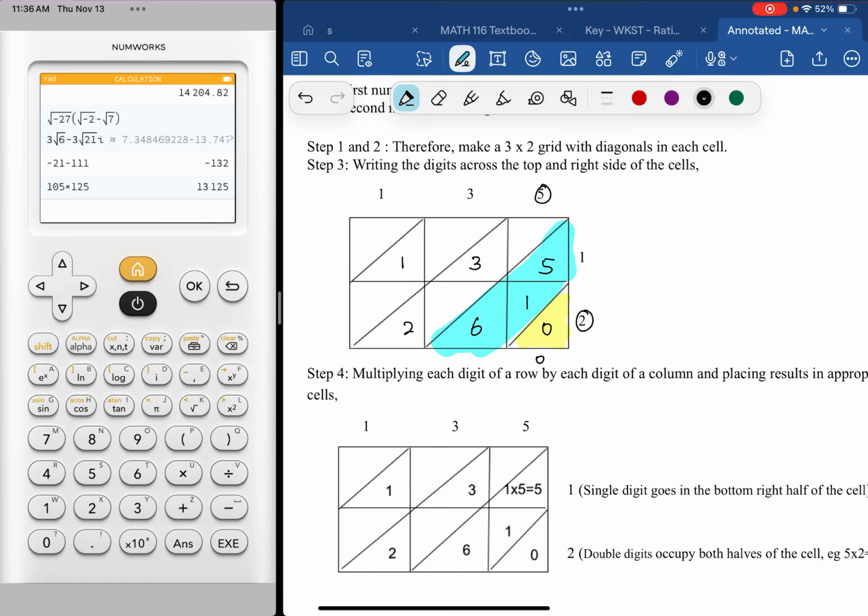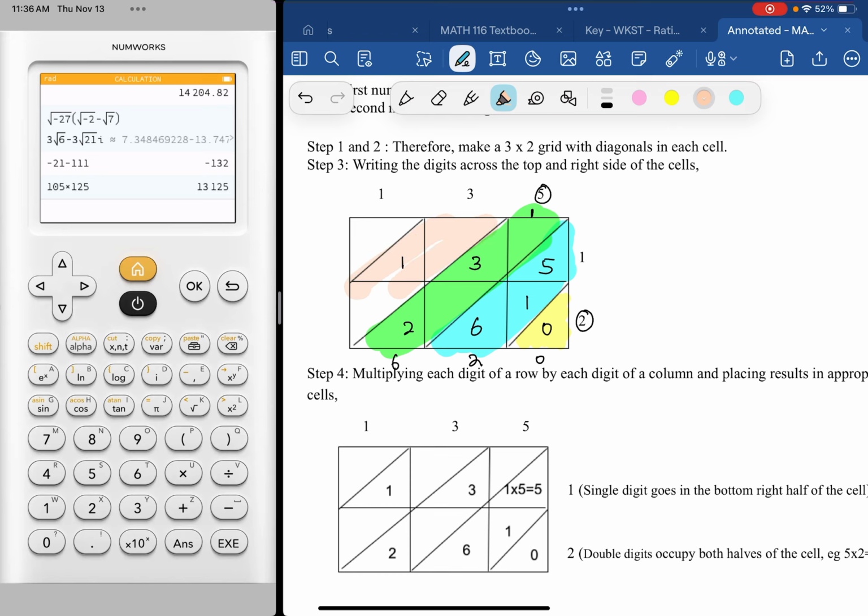So 6 plus 1 is 7, plus 5 is 12. So I'd put a 2 there and a 1 here, showing that that's carrying over to the next column, for lack of a better term, but it's really a diagonal. Then I would take the sum along this diagonal, which would give me a 6. And I would finally take a sum along this diagonal.